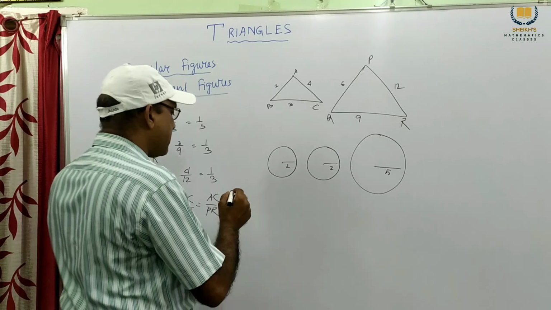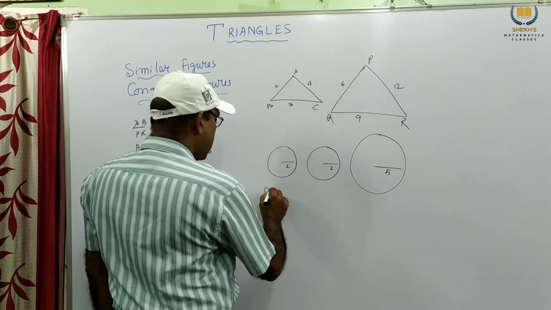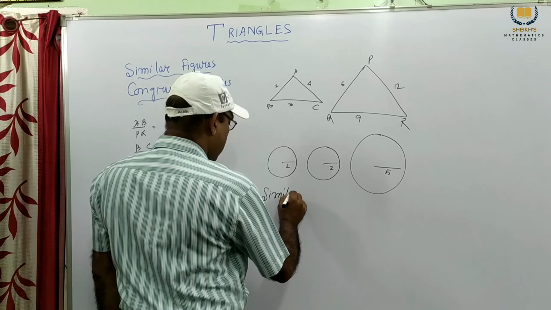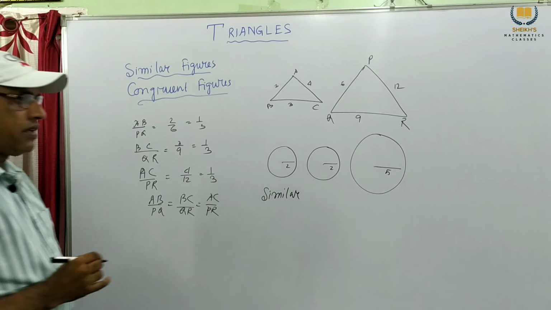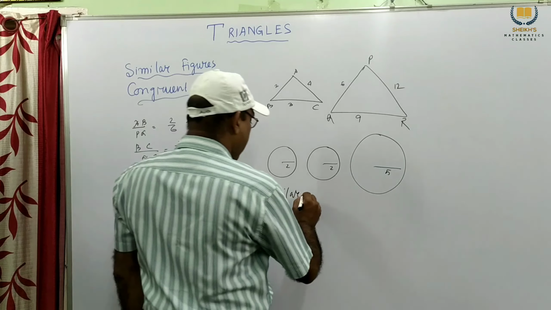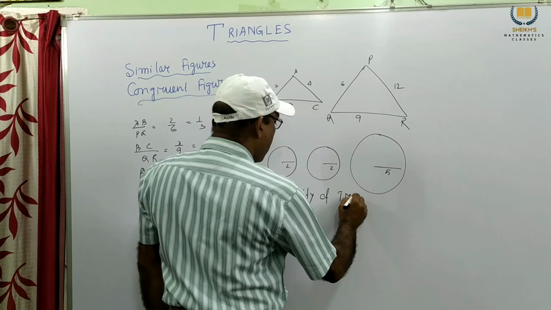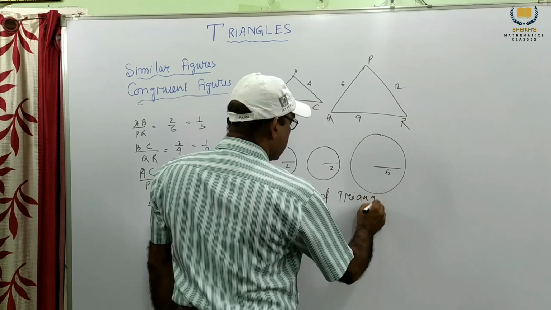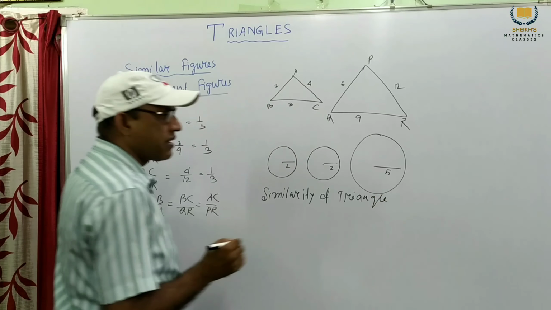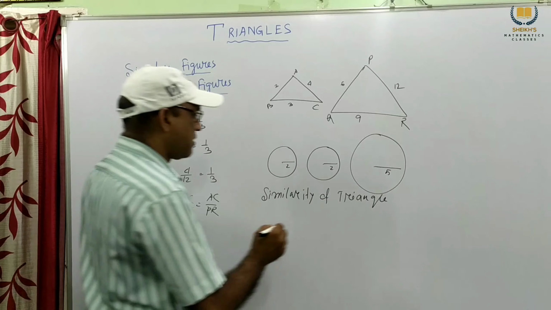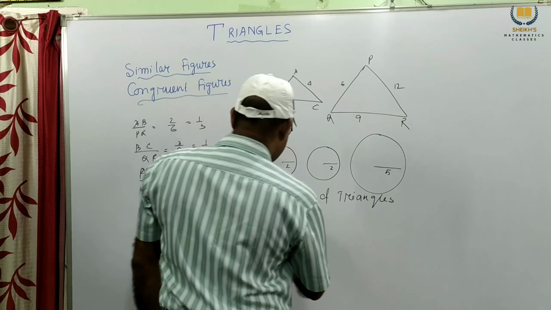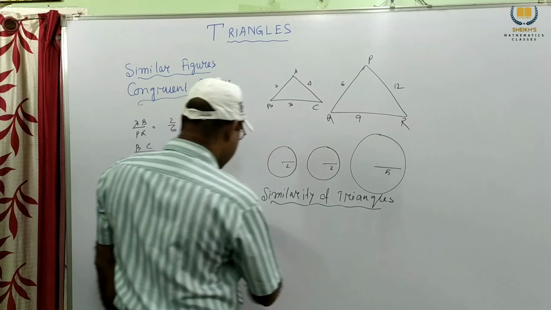Now in similarity of triangles, we must have two conditions. What are the two conditions?